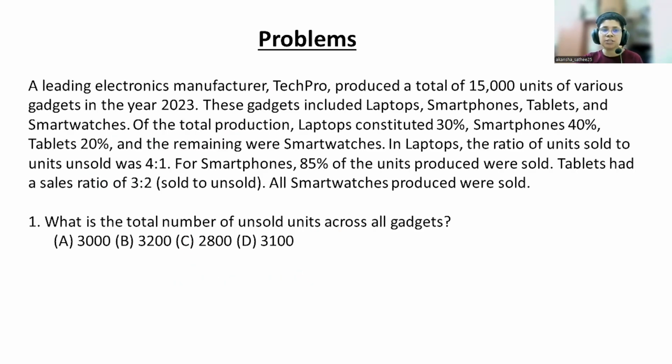Okay. Now next problem. Again, the passage is given. You have to read the passage carefully. Then you have to read the questions carefully, and then you start solving. First, you extract the information and then start solving the problem. A leading electronics manufacturer, name is TechPro, produced a total of 15,000 units of various gadgets.